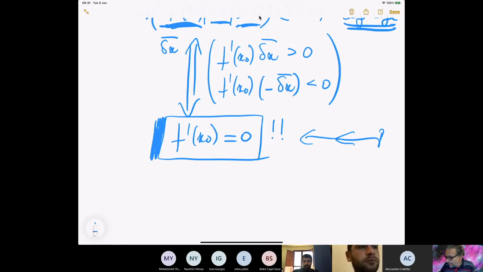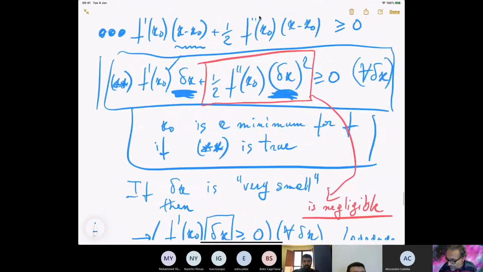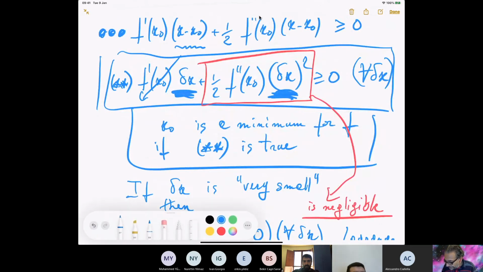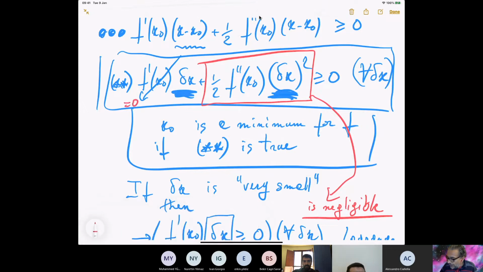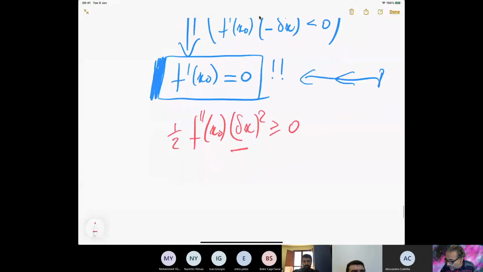Okay? This is not yet ended, because as this is equal to 0, you are left with the second derivative: 1/2 f second of x0 delta x squared greater or equal than 0. But delta x squared is always positive. So this derivative has to be greater than 0.